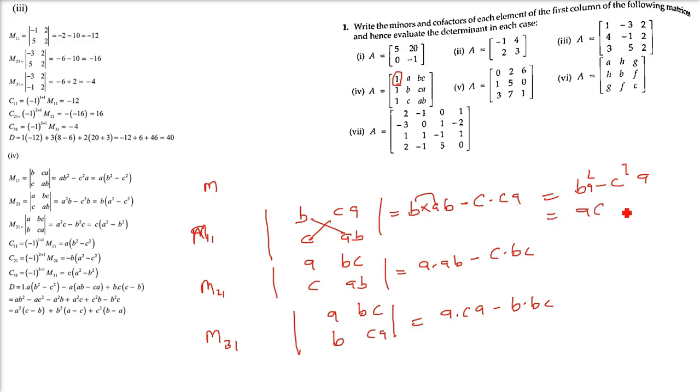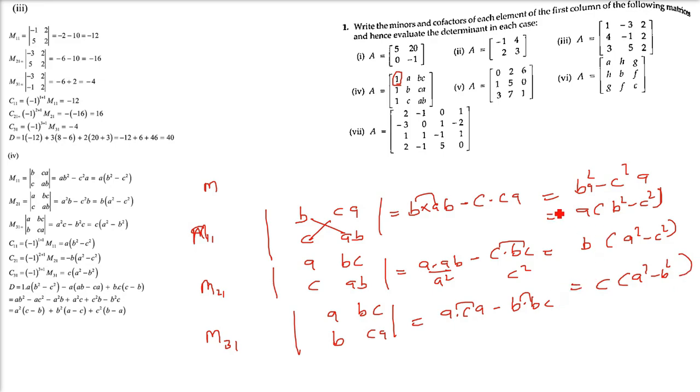In this case you can take B common, it will be A squared minus C squared. And then we have this C outside, you get A squared minus B squared.